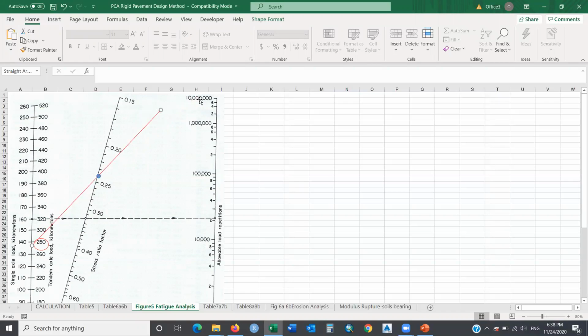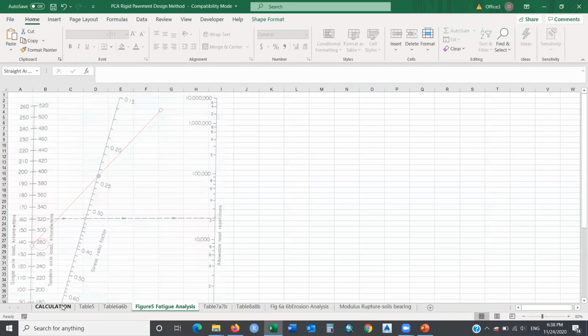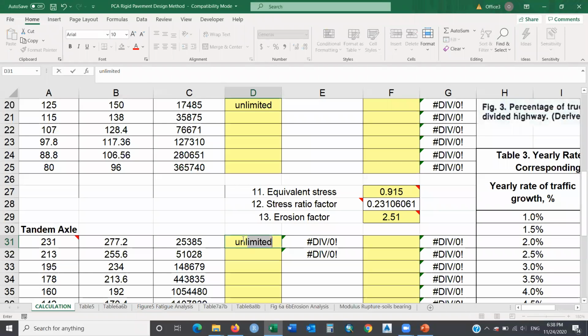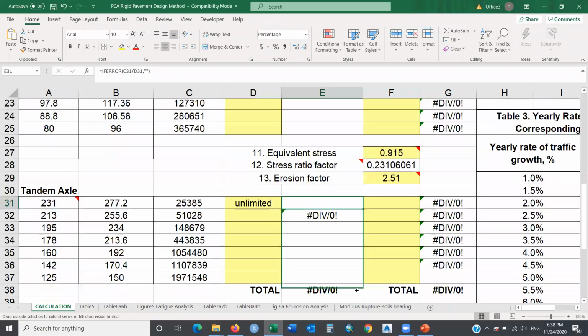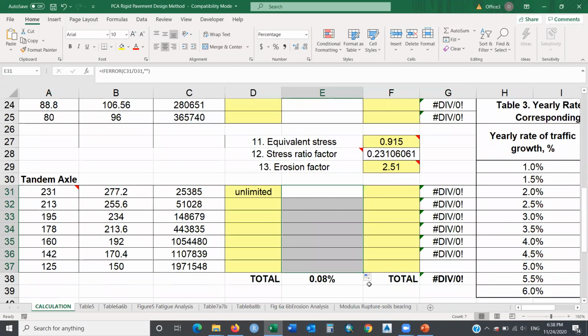Once again, for fatigue, the arrow will go beyond 10 million. This will be considered as unlimited. The total that you have used is 0.08%.